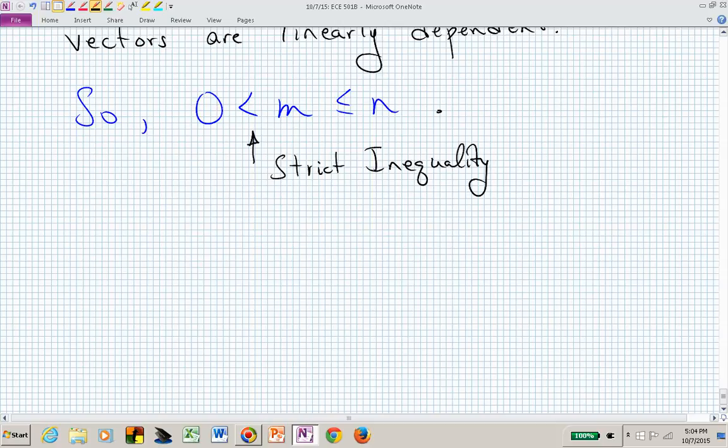Now that we have that, we can form a polynomial.